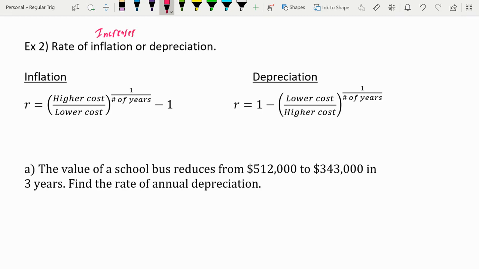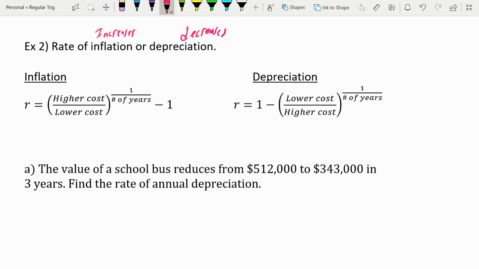Depreciation is when the price decreases. Prices of cars, once you buy them, they depreciate, they lose value. Inflation, you buy something and it's worth more money later. Sometimes houses, we could say the price increases. So we're going to be looking for rate of inflation or depreciation.